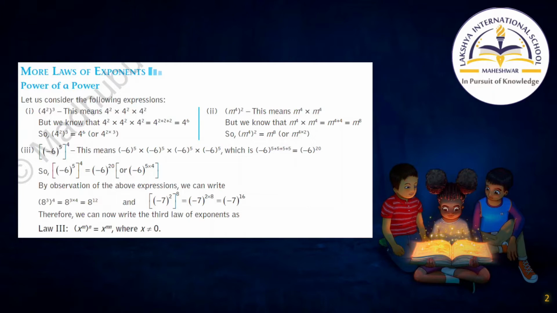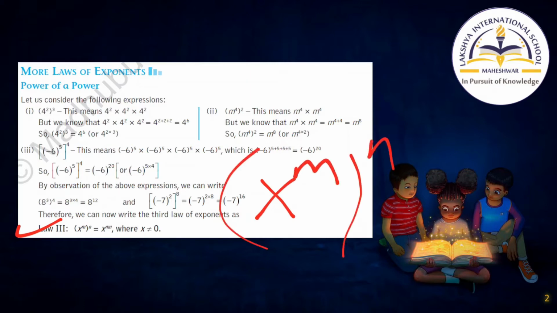So our next law is law number 3: (x^m)^n. If we have x power m, bracket power n, we have to multiply the powers, m and n. How?